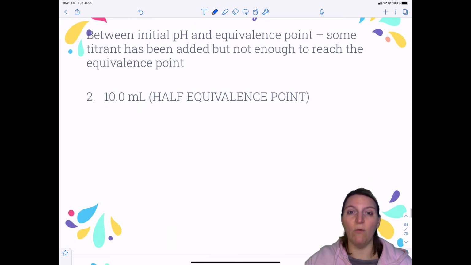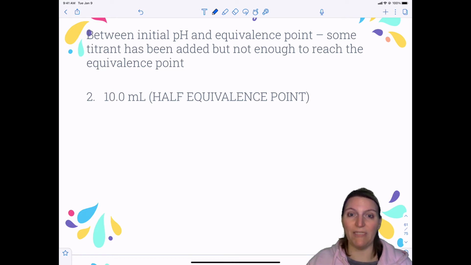So now we've added a little bit of titrant. We've added a little bit of the HCl, 10 milliliters worth, and we're going to find out what is the new pH. So the acid that I add is going to react with the ammonia. It's going to produce some ammonium ion, and then I will have a buffer solution, and I will need to then do an ICE chart to figure out the pH.